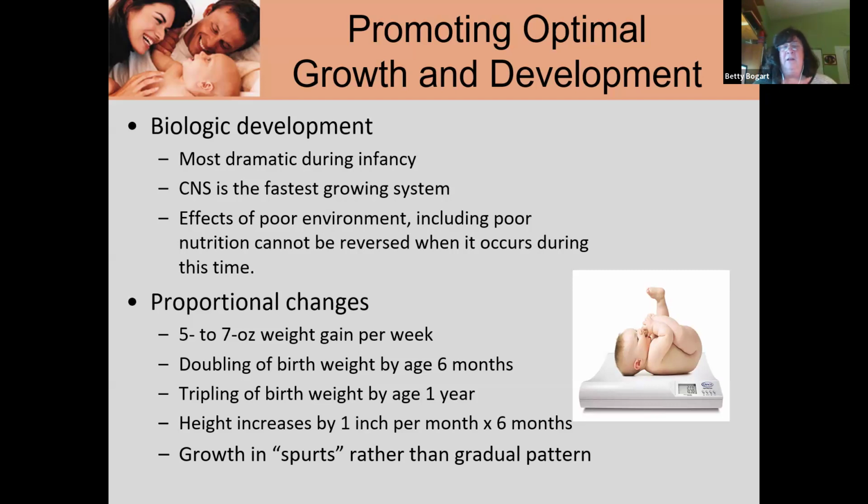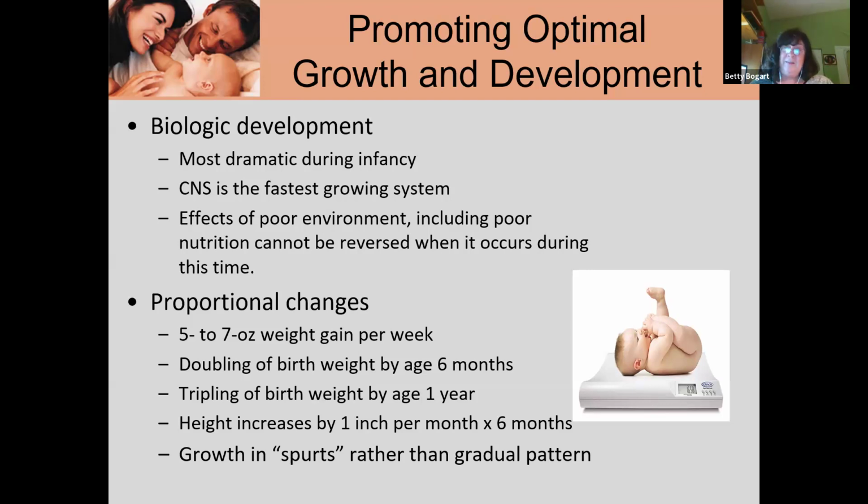They need their nutrition. So we know initially they're going to lose up to 10% of their body weight. They're soaking in amniotic fluid and then they lose it. And then all of a sudden, after that, they start gaining between 5 to 7 ounces a week. We double the birth weight by 6 months and triple by 1 year.